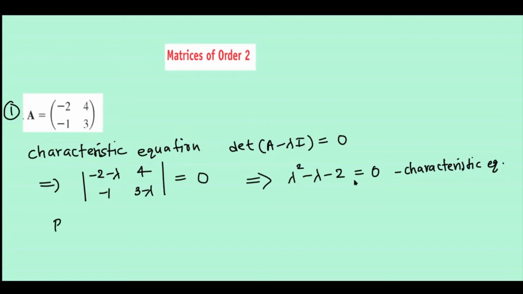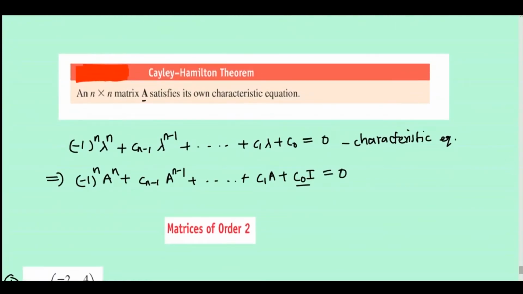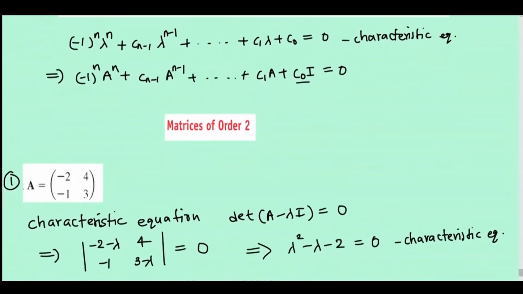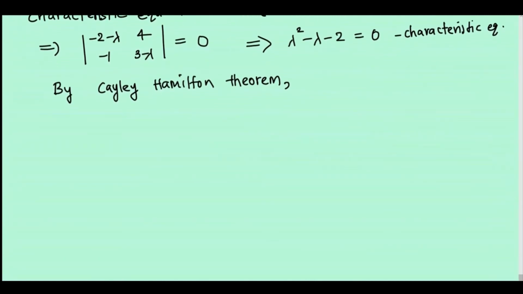So, by Cayley-Hamilton theorem, we will get A square minus A minus 2I equal to 0.